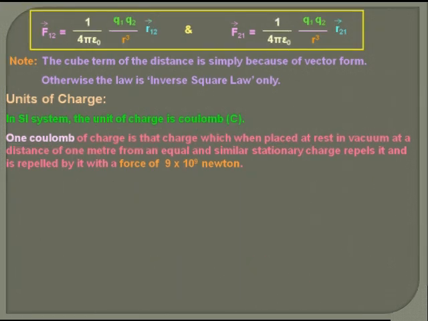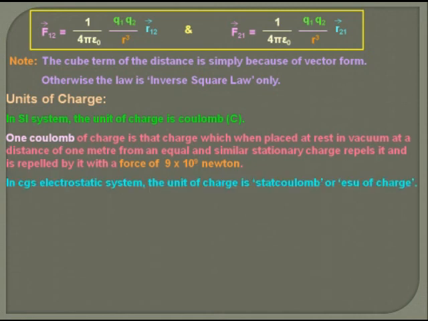Now let us discuss the unit of charge in the CGS system. In the CGS system, we use two types of unit. One is the electrostatic unit, and the second one is the electromagnetic unit. The difference is clear: electrostatic means when the charge is at rest, and electromagnetic means when the charge is in motion, and we will study later that when the charge is in motion, it creates a magnetic field.